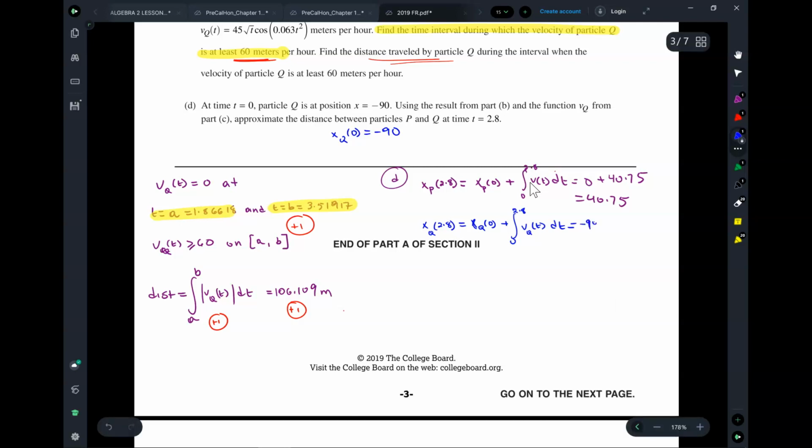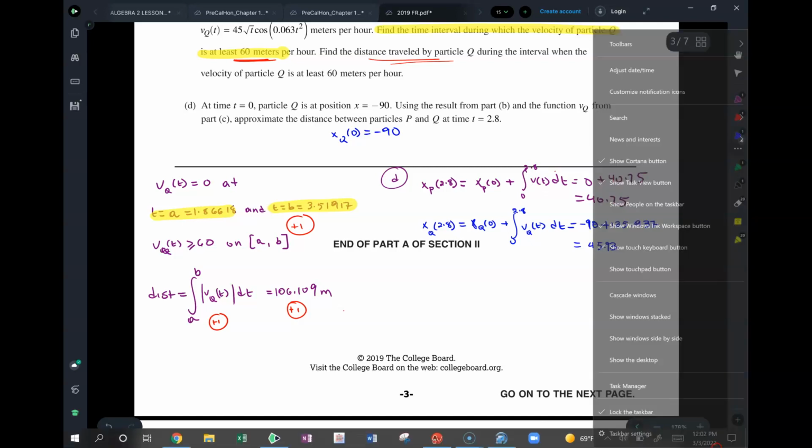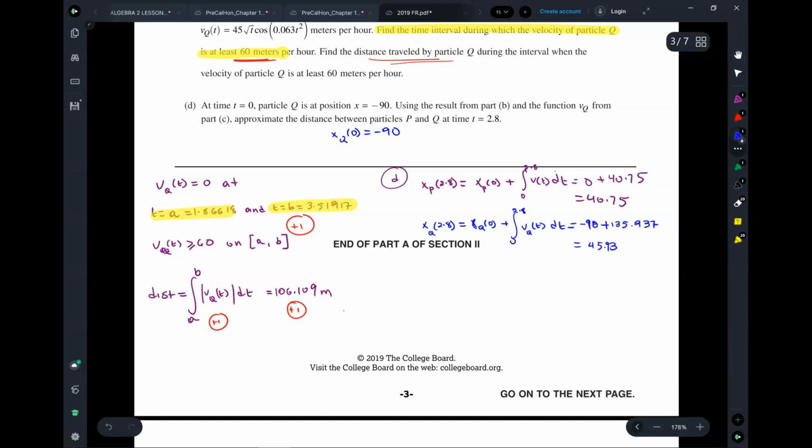Negative 90. Plus, you put in that integral and you get 135.938. So this is at 45.938. Questions?